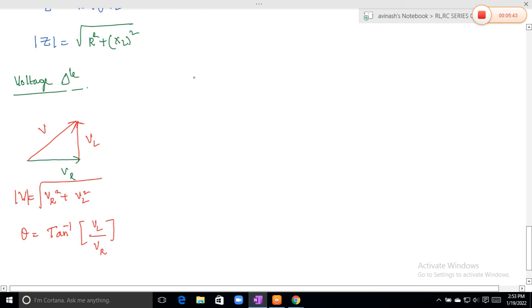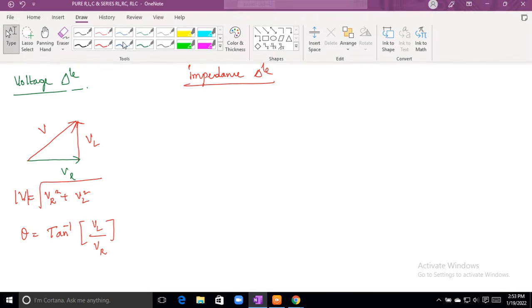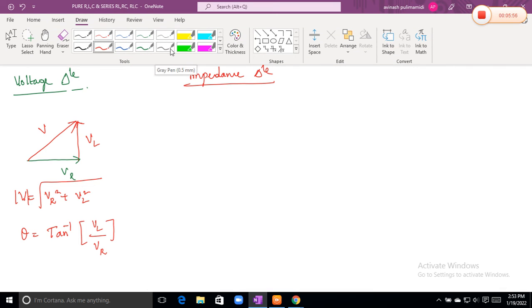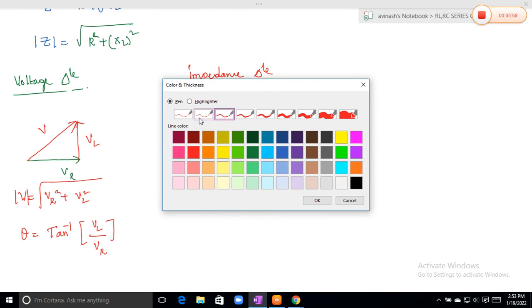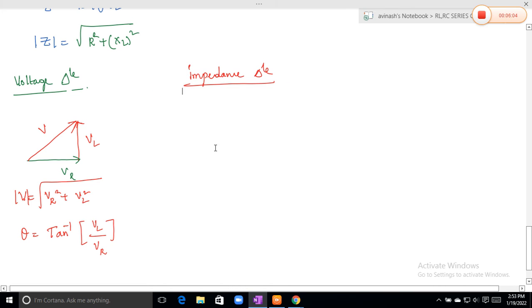In the same way, you can also find the impedance triangle. What is Z?